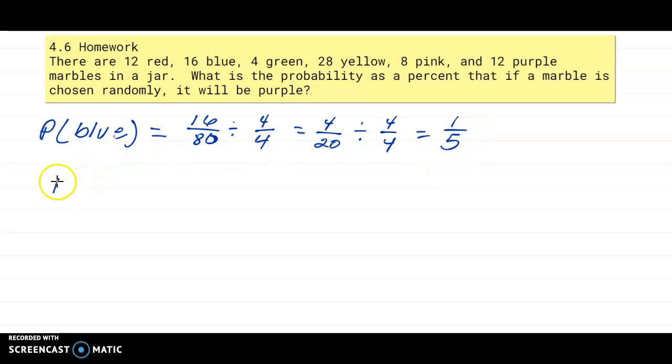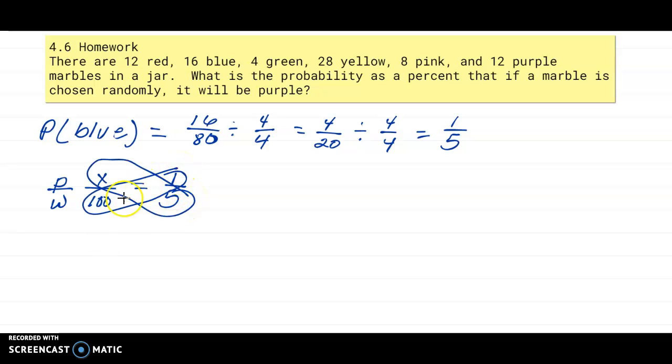So I'm going to set up my proportion, part over whole. I'm looking for a part of a percent that is equal to 1 out of 5. I'm going to cross multiply. So I get 100 equals 5x, and I'm going to divide both sides by 5. X equals 20.